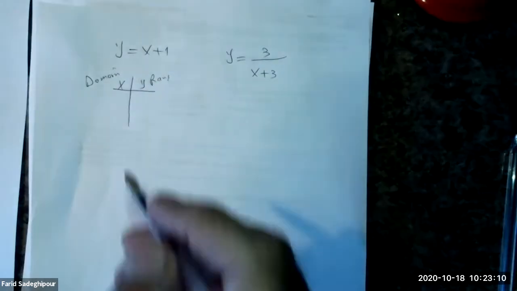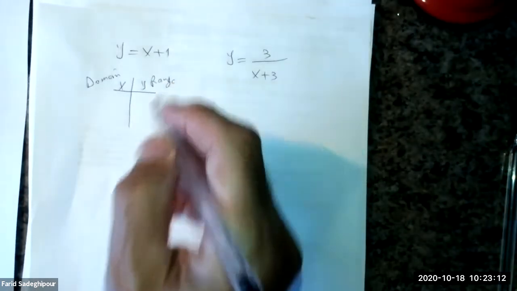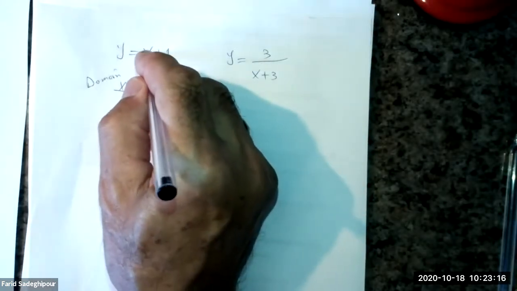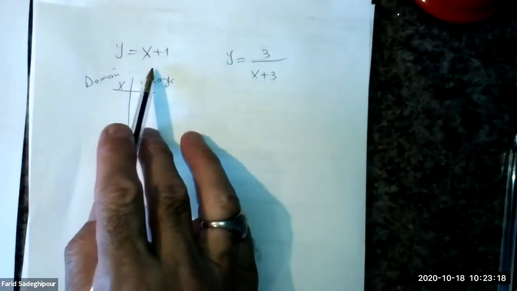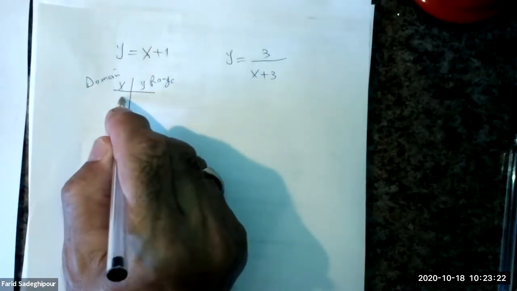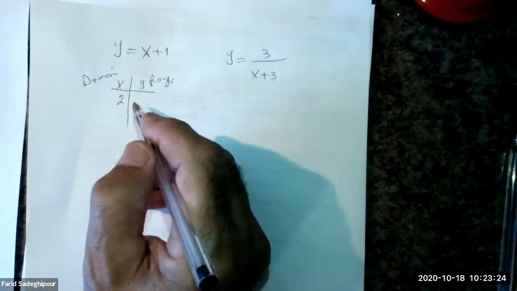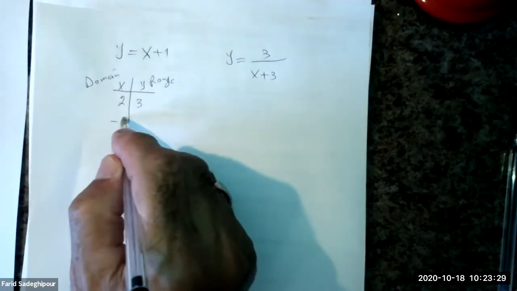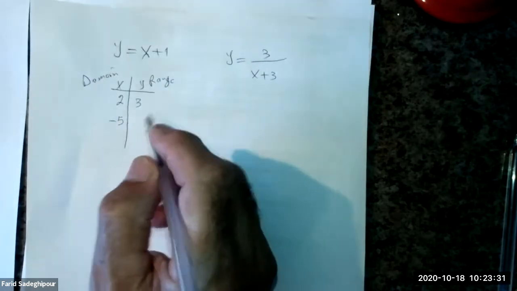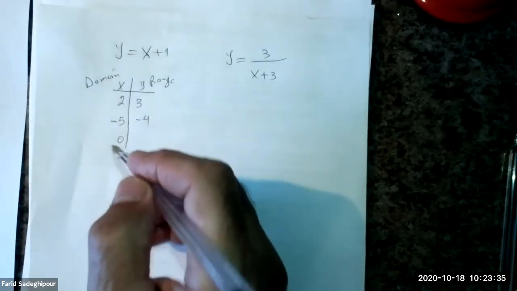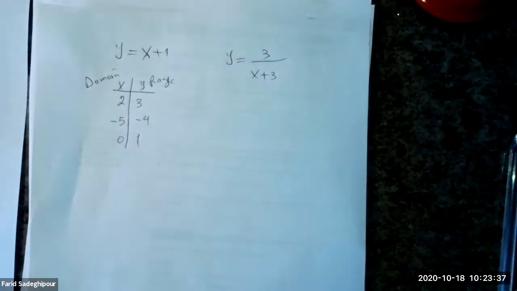Now, the question is, can we take any arbitrary number and substitute it for x, and we always come up with the value of y? In this case, since there is no denominator, yes, you could substitute any number for x, and you have your y. It doesn't matter whether it's positive, negative, or even 0, and you always have a value.